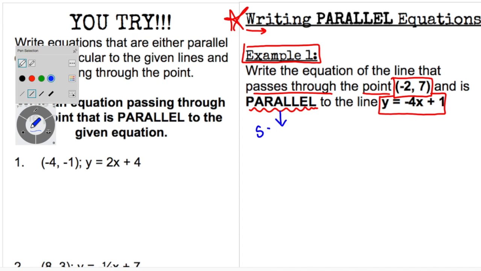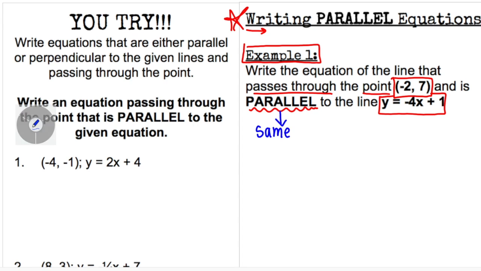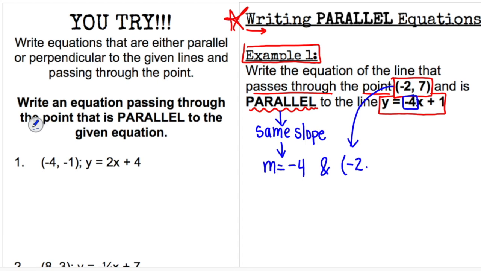We are going to take one piece of information from that. Because our lines have to be parallel, we need to use the same slope when we write our new one. In the one we're given, y equals mx plus b, negative 4 is the slope. So negative 4 is the m value that we're going to be using, in addition to the point that we are given, negative 2, 7.